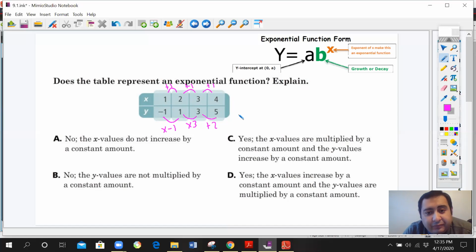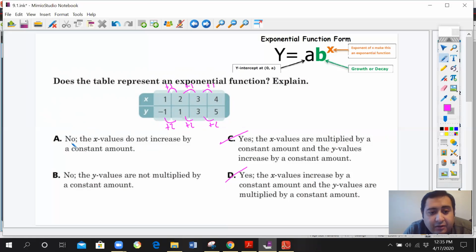So therefore, we don't see a pattern that is a multiplication. Here it could be a multiple by 3, or it could be added by 2 as well. So let's say if we add by 2, added by 2, added by 2, still it's not a multiplication. So therefore we can eliminate the yeses, and we have this.